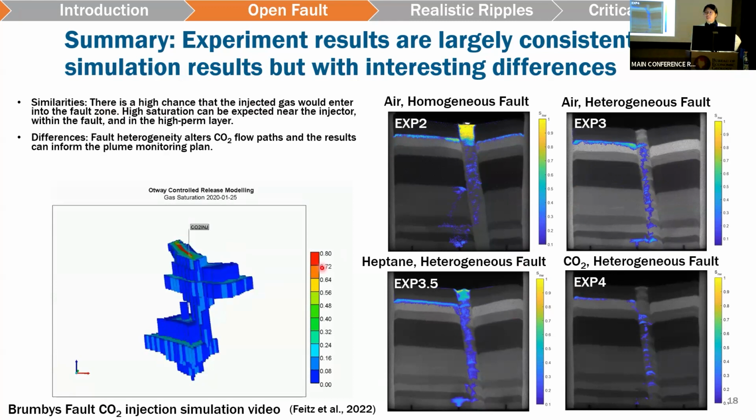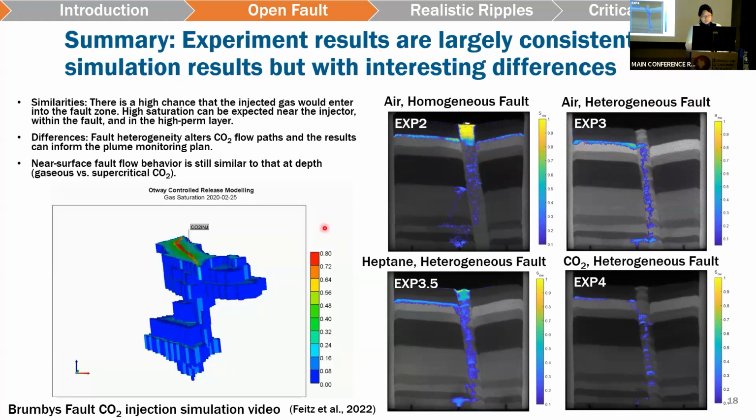But there are also differences. For example, by adding heterogeneity to the fault, it can alter CO2 flow path, and that can actually inform how you would like to monitor plume breakthrough at the ground surface. Because instead of expecting the plume to break through first at the top of the fault, now it might actually break through this high permeability layer first.